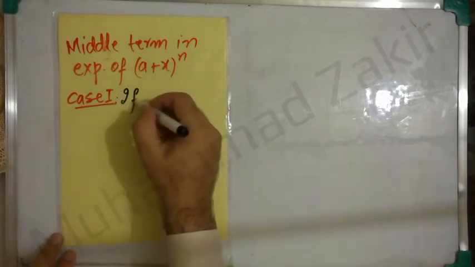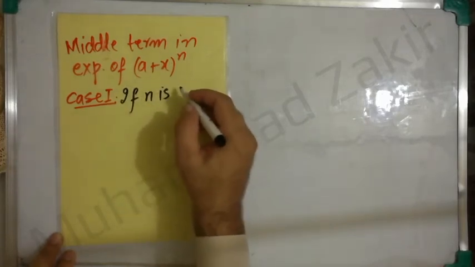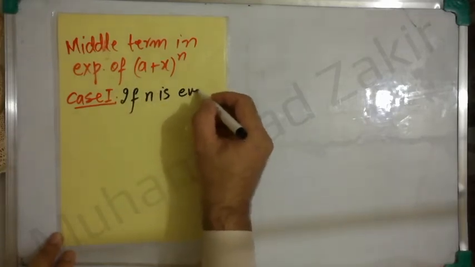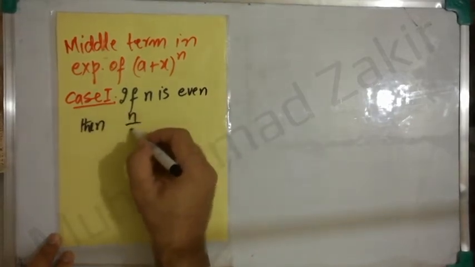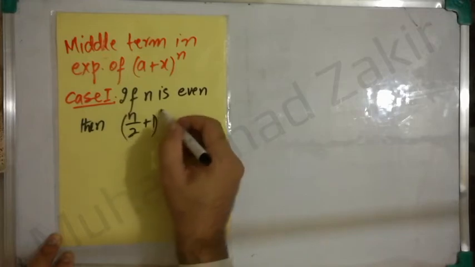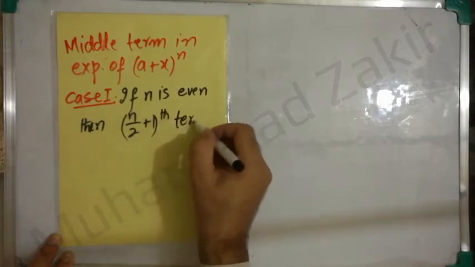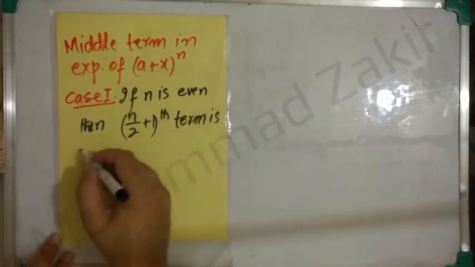Case 1: if n is even, then the (n/2 + 1)th term is the only middle term.